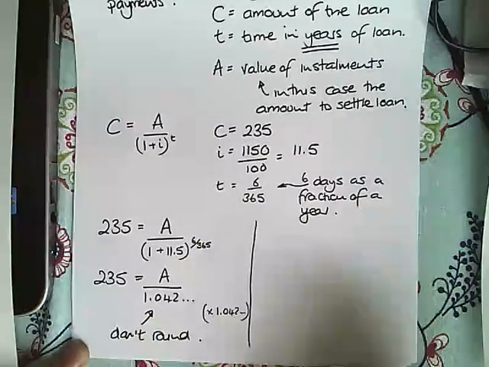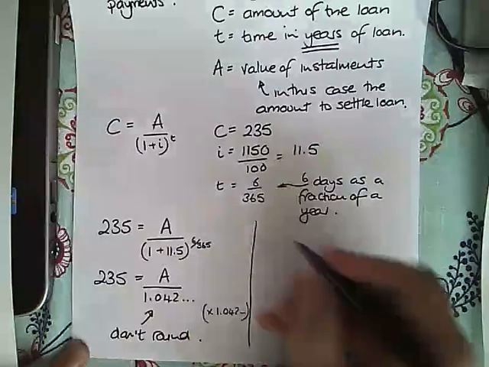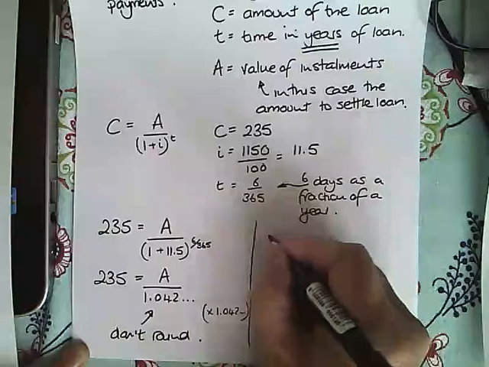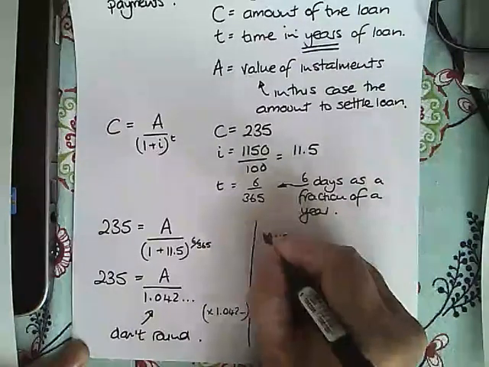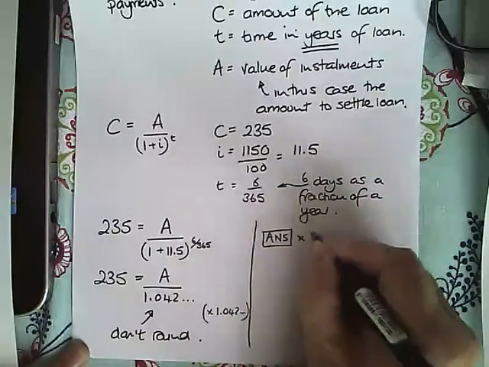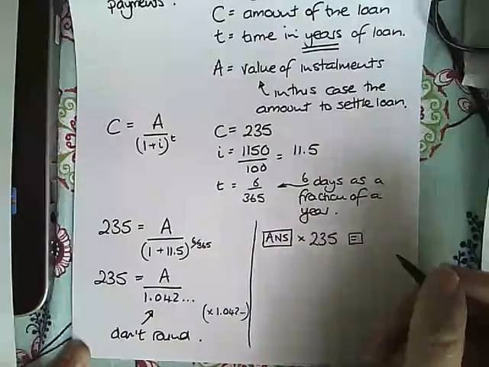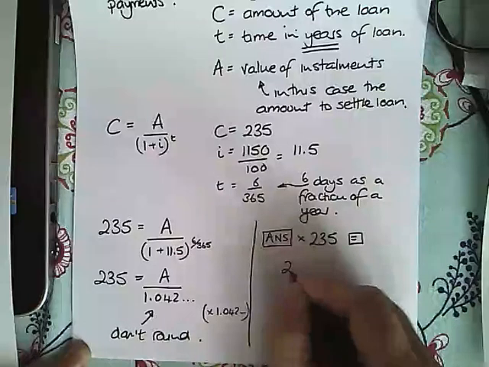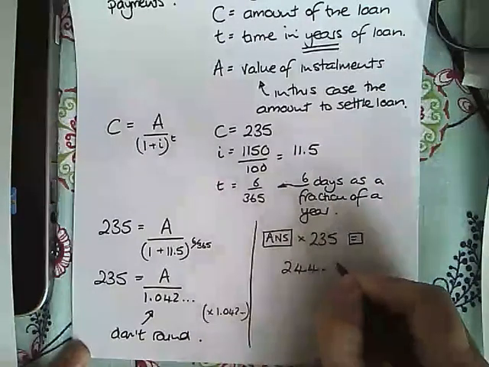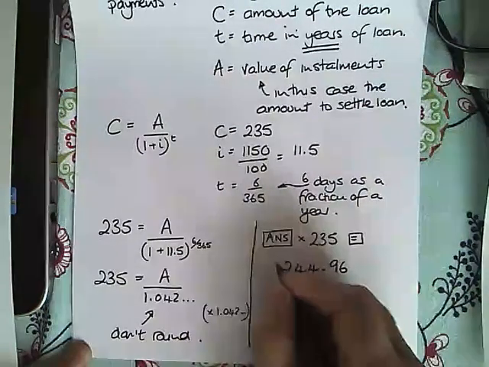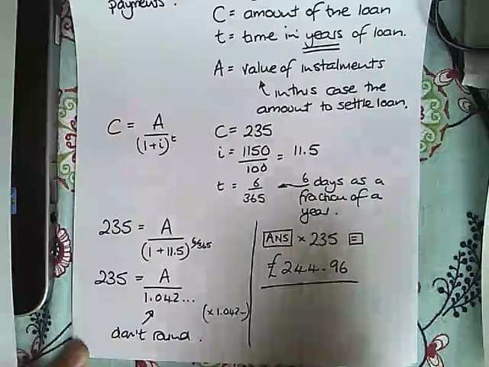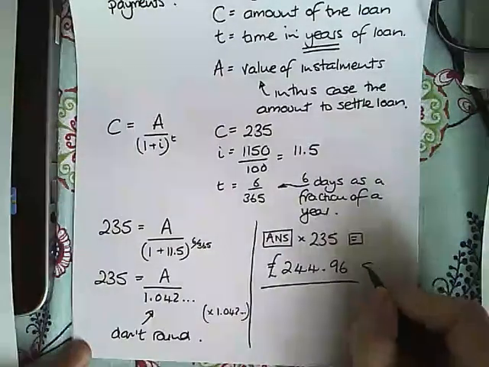In practice, on your calculator, what you would input is ANS, the answer button, times 235, and then press equals, and that gives you a value of £244.96, again rounded to 2 decimal places because it's money. So this is the See You Through loan.